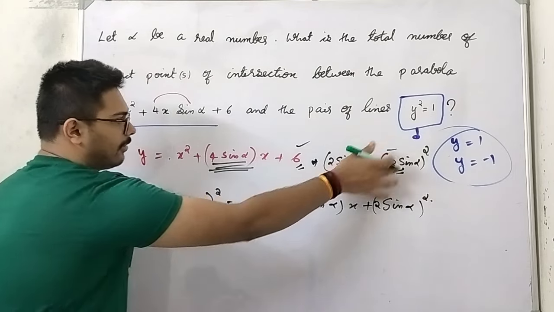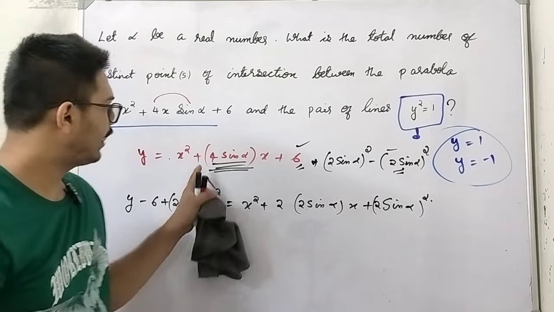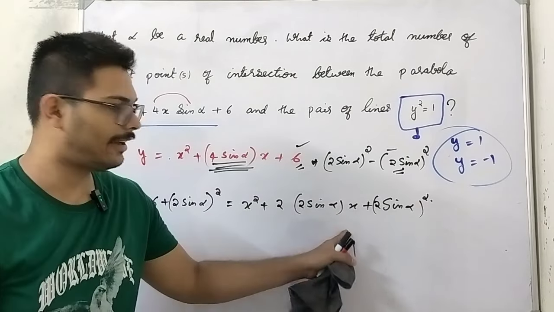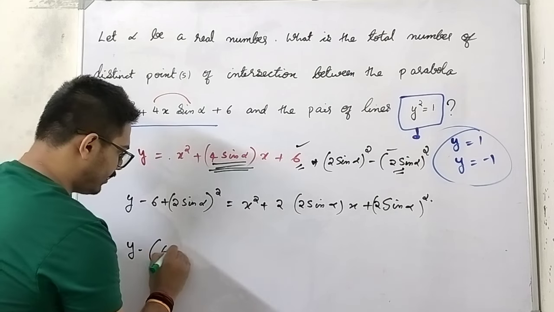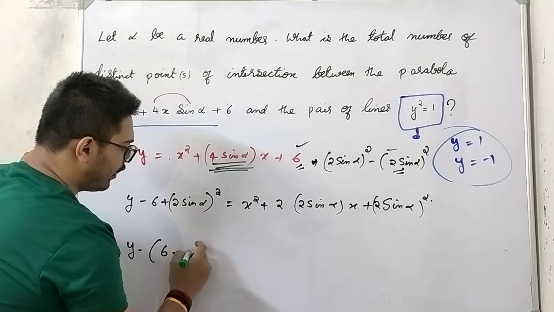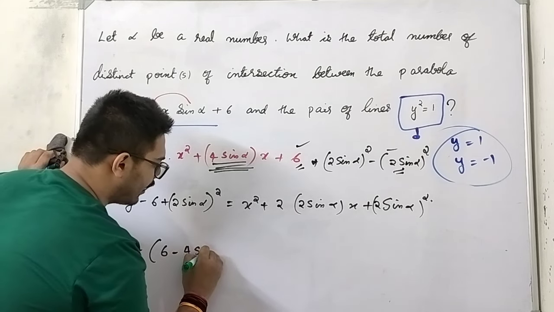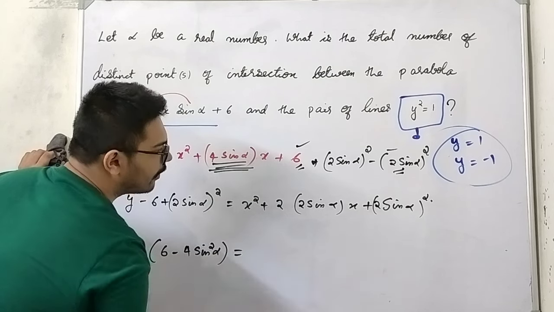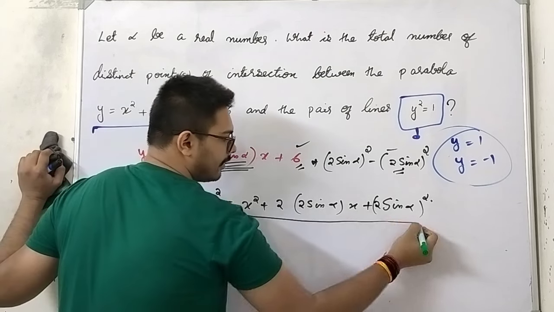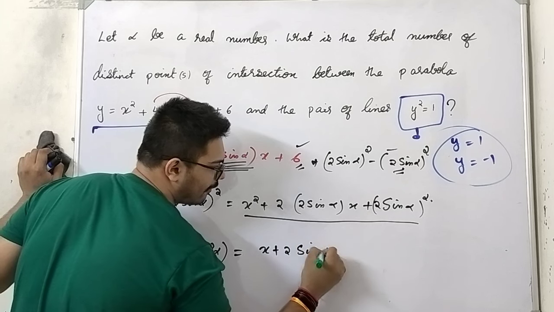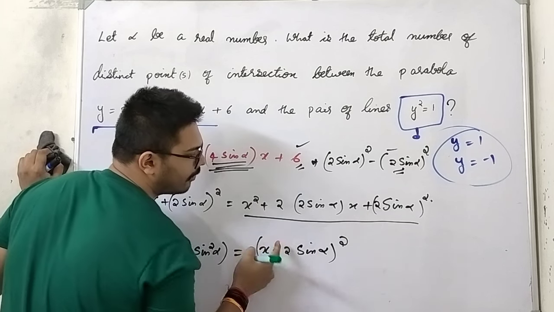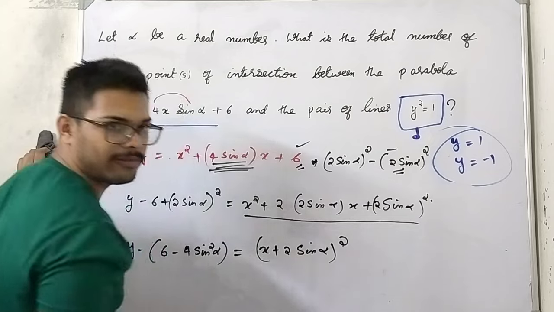These two values I have taken to the other side, and the remaining values I have written. Now I can write it as y minus (6 minus 4 sine square alpha) is equal to (x plus 2 sine alpha) the whole square, using a square plus 2ab plus b square.